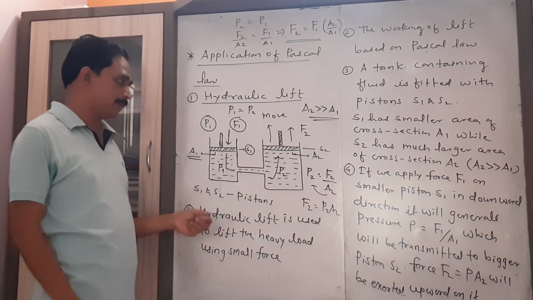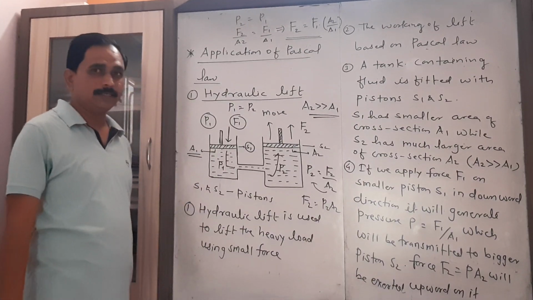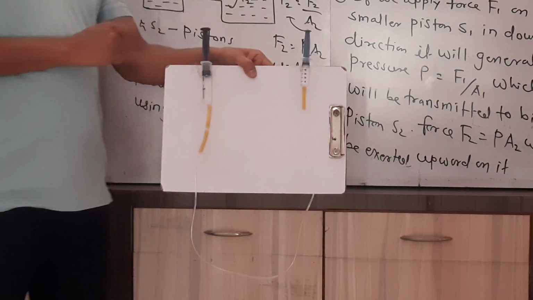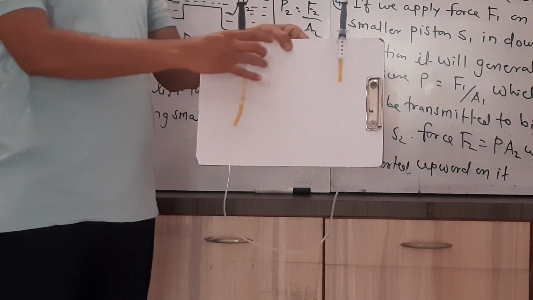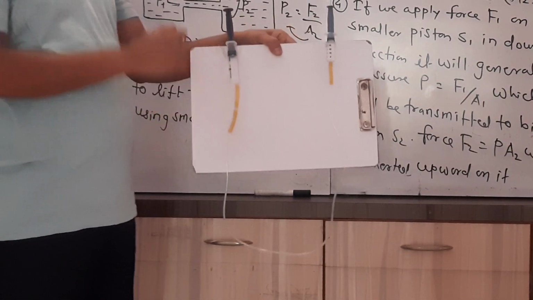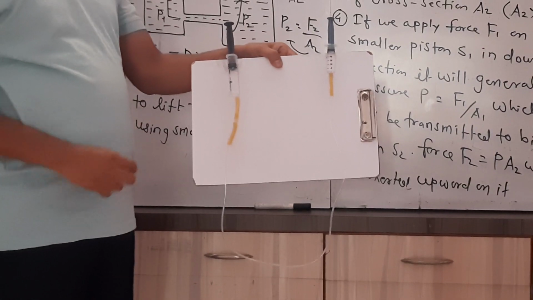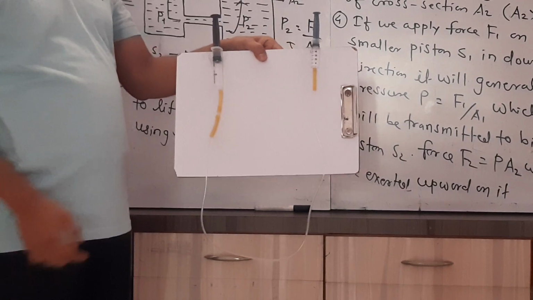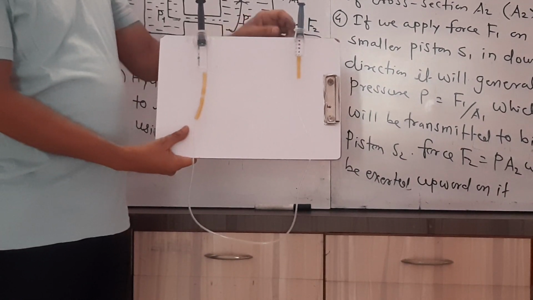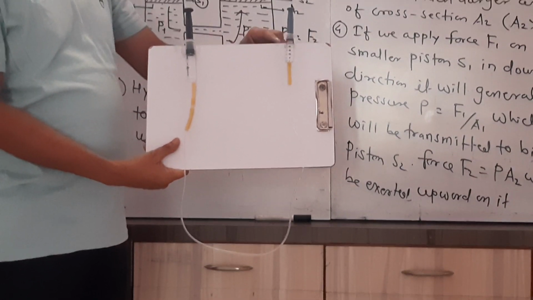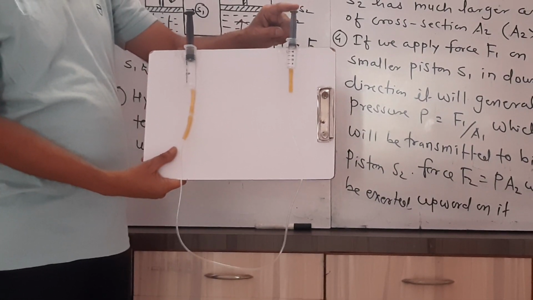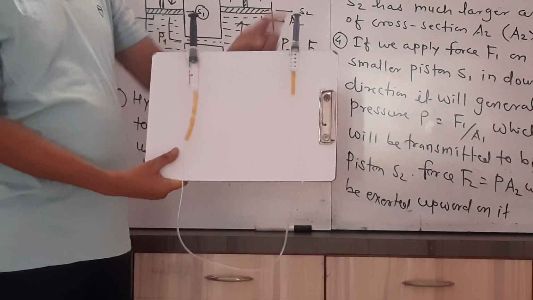Now in order to explain this concept, let us consider a very simple model. I just consider these two cylinders, which are interconnected with the help of this tube. Consider this cylinder having the piston with area of cross section A1.